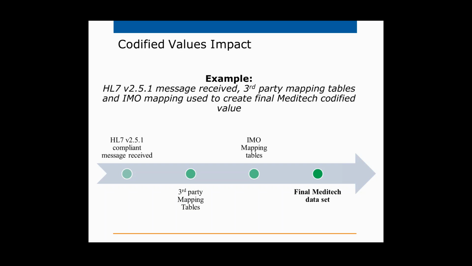And then if it's a Meditech hospital, those IMO tables can also be used next, ultimately getting the Meditech value that we're going to use. So similar process, it just depends. Are you starting in the hospital system and trying to arrive at the 251 codified value, or are you starting with the 251 codified value and trying to arrive at what the hospital wants?